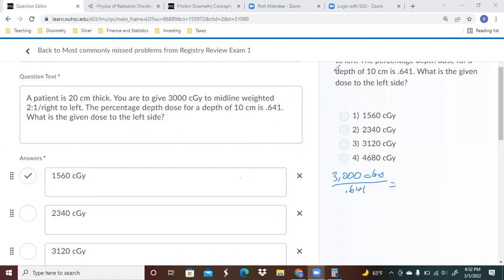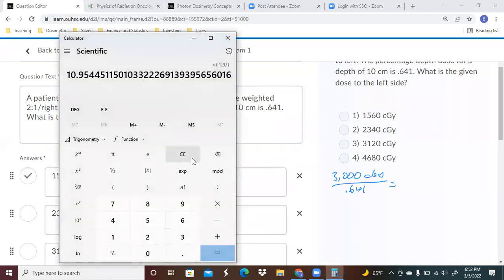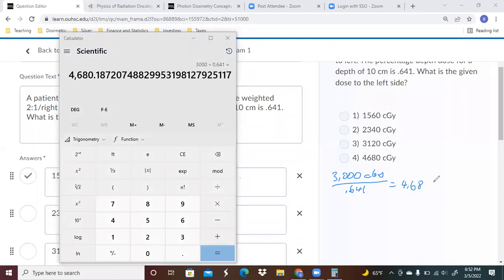Well, take 3000, divide it by 0.641, and so you come up with 4,680.18 centigray.